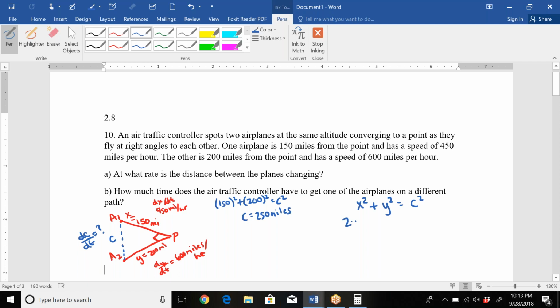When we do that, the derivative of this is 2x, tag on the dx/dt, plus the derivative of this is 2y, tag on the dy/dt, and the derivative of this would be 2c dc/dt. Okay, so let's plug in everything we know. 2 times 150 times 450 plus 2 times 200 times 600 equals 2 times 250 dc/dt.